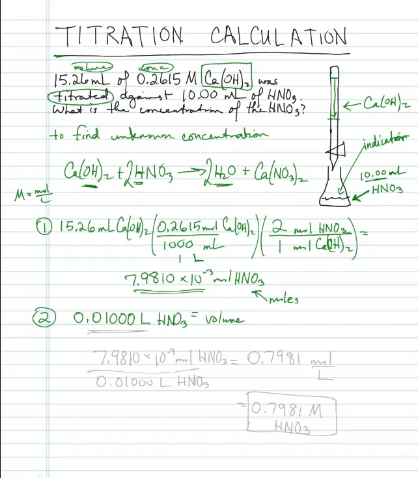We know that they were in this volume, so if I take those two numbers, 7.9810 times 10 to the minus third moles, divided by 0.01000 liters of nitric acid, they're both nitric acid, that will give me moles per liter.